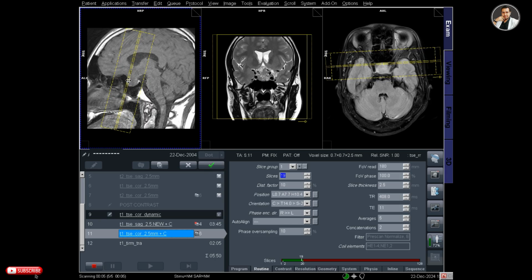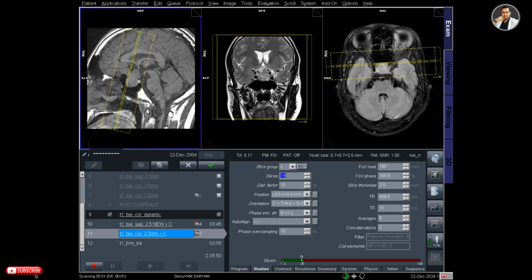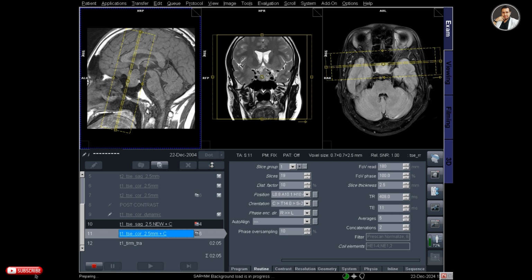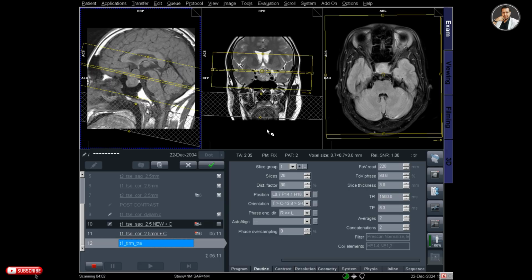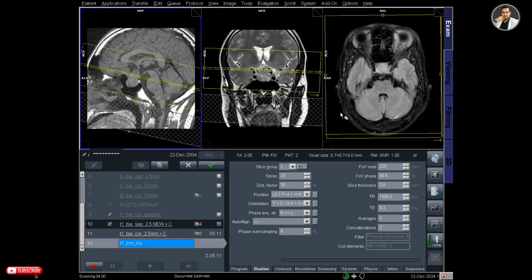Pituitary macroadenoma arises from the pituitary gland, and it can extend over the parasellar region, and it can extend upwards, anteriorly or posteriorly.